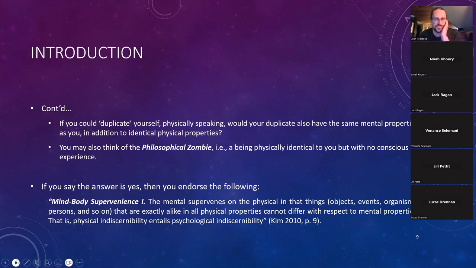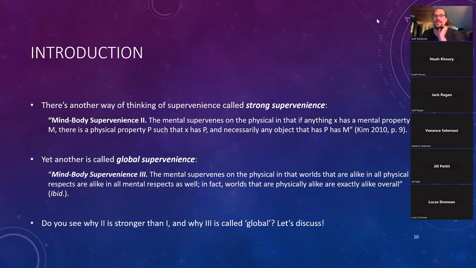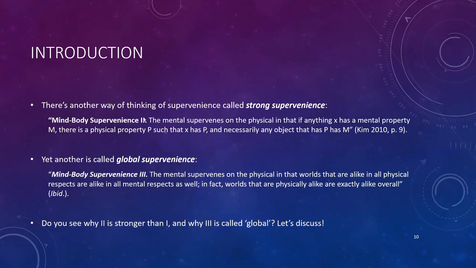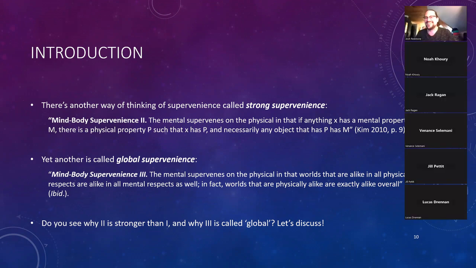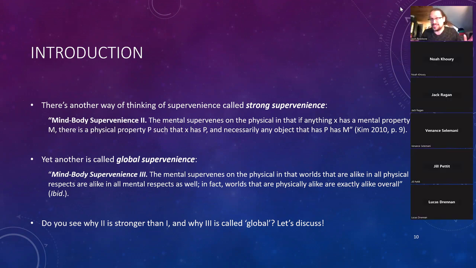Okay, so the strong supervenience thesis says that the mental supervenes on the physical in that if anything X has mental property M, there is a physical property P such that X has P, and necessarily any object that has P has M. So philosophers do this a lot, right? Especially analytic philosophers. They write sentences that have these sort of logical variables in them so that we can fill in whatever properties we want. But here, X just means an object.